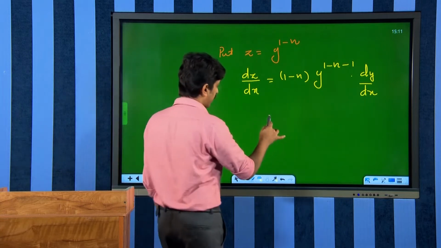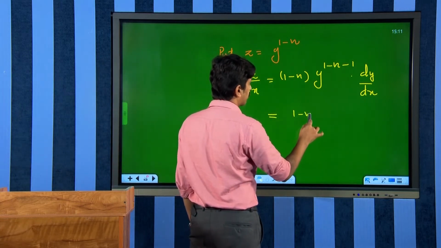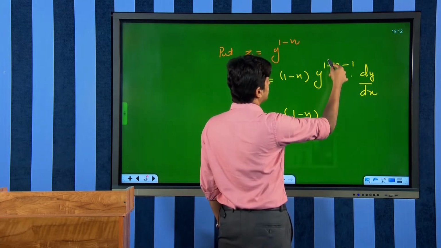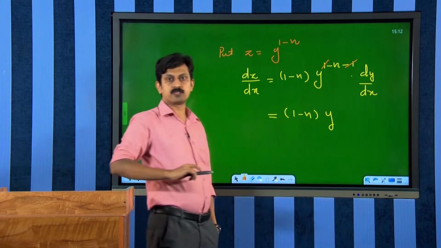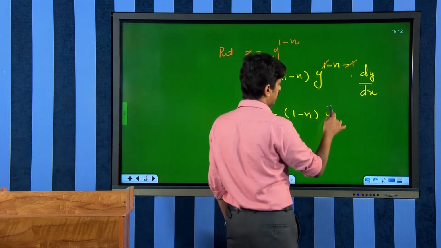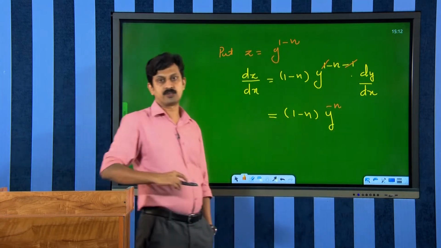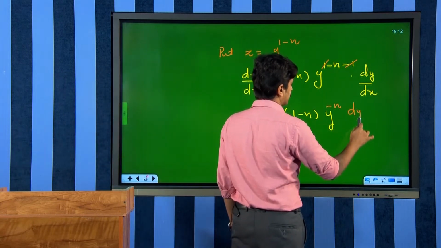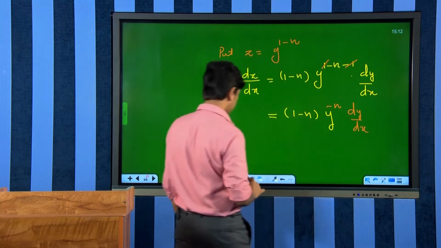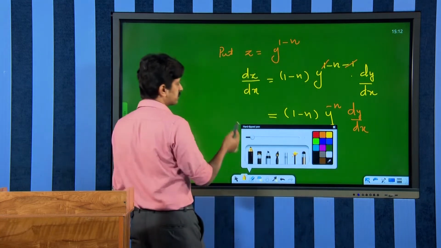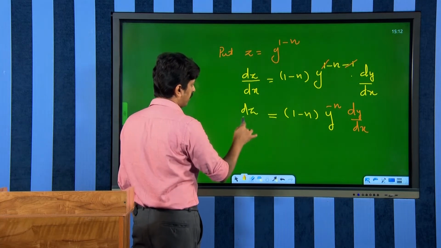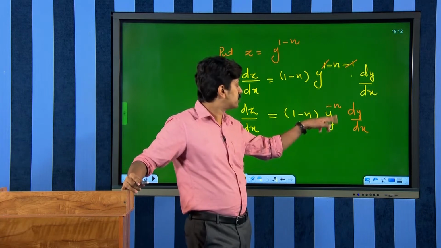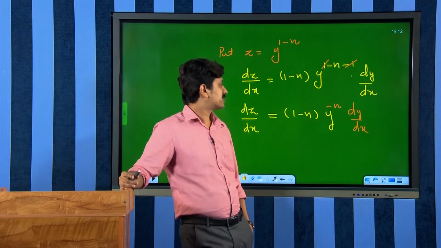Here we have dz by dx is equal to 1 minus n into y raised to 1 minus n minus 1. We can cancel plus 1 and minus 1, and finally there remains a minus n only, and dy by dx is here. See, my dear students, we have dz divided by dx is equal to 1 minus n into y raised to minus n into dy by dx.